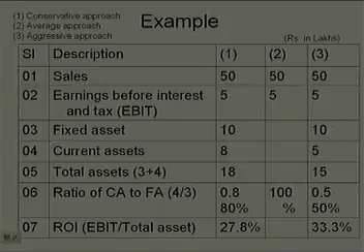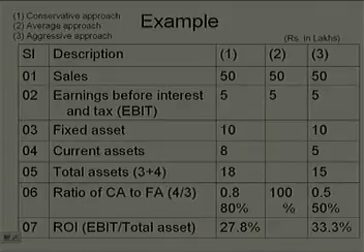So, he has a total asset of 15 lakhs. When you calculate the ratio of current asset to fixed assets for the conservative approach, under column 1, you find this ratio to be 0.8 or 80%, whereas for the aggressive approach this ratio works out to be 0.5 or 50%.